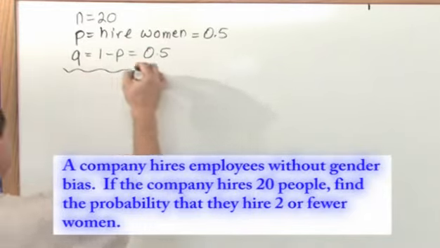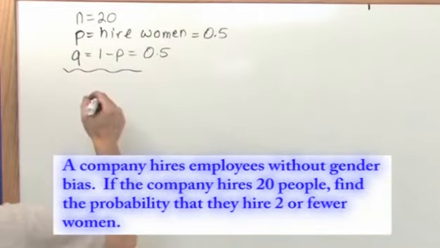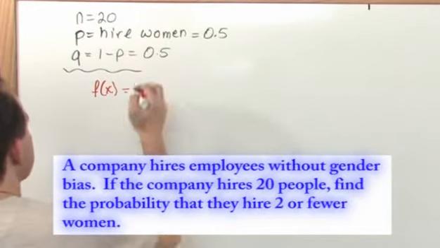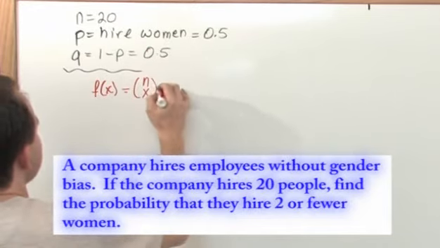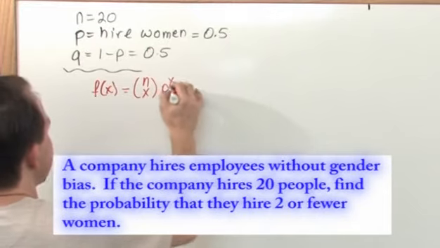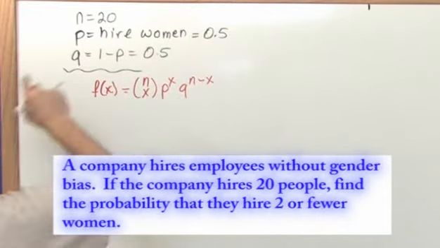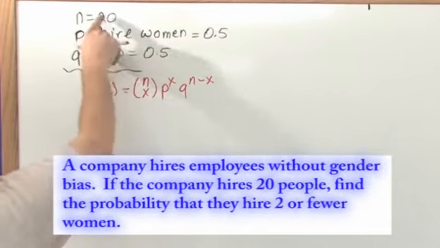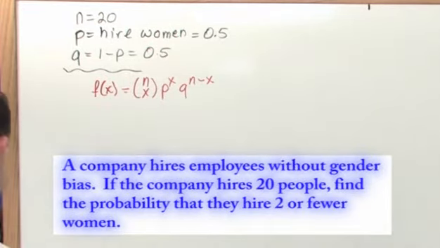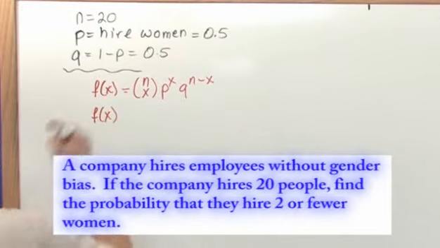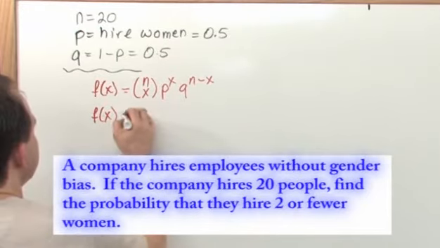Now, the actual binomial distribution function, just to remind you, is n combination with x, p to the x, q to the n minus x. We know what p and q are. We just found that. We know that n is 20, and so the question is actually asking us, what is the probability that they hire 2 or fewer women? But before I go there, let me go ahead and plug in what n is and p and q.